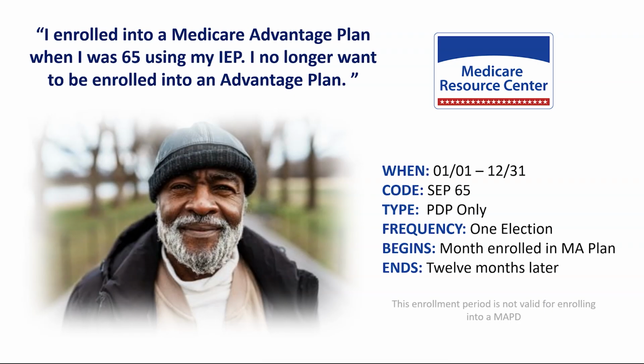So you may say, well, what does that have to do with the Medicare supplement program? Well, did you know that when people turn age 65, if they choose that Medicare Advantage plan first, using their initial enrollment period, that gives them a full 12 months to get out of the Advantage plan and not only enroll in the prescription drug program, but they're also guaranteed issue on a Medicare supplement program.